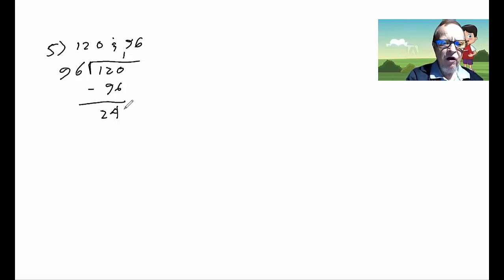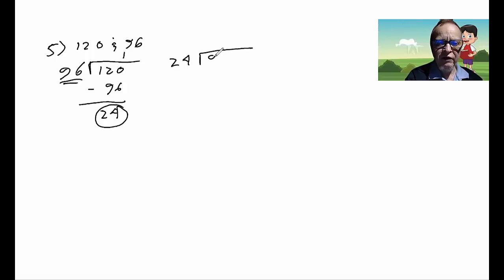I'm going to divide 24 into the previous divisor, which is 96. So that means I'm going to take 24 and divide it into 96.